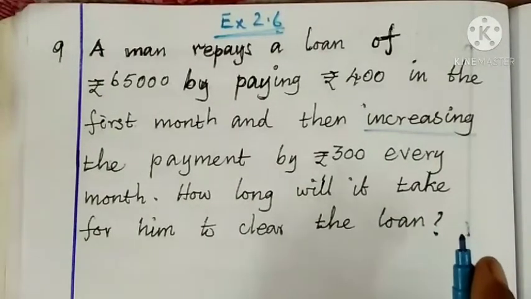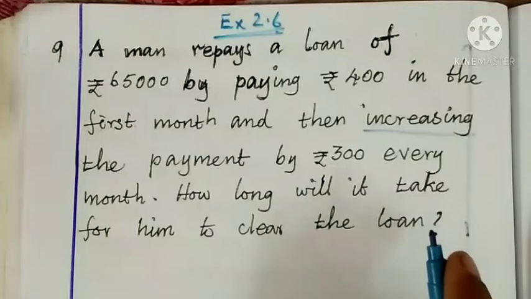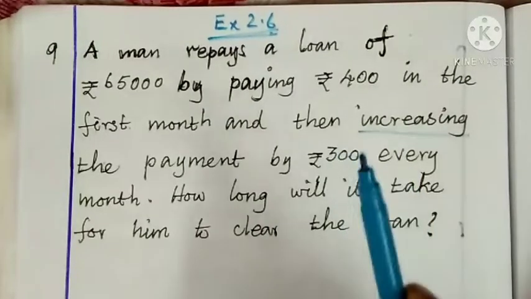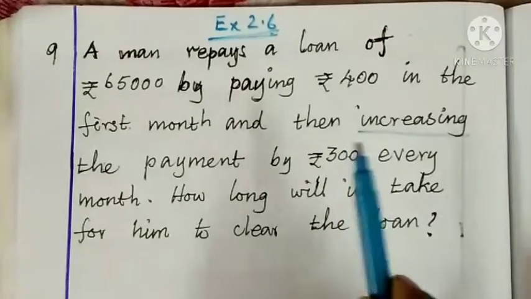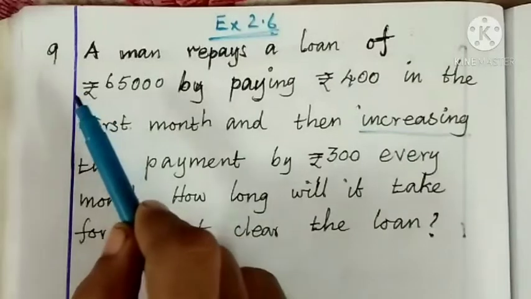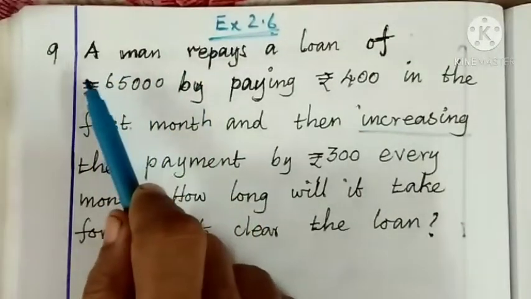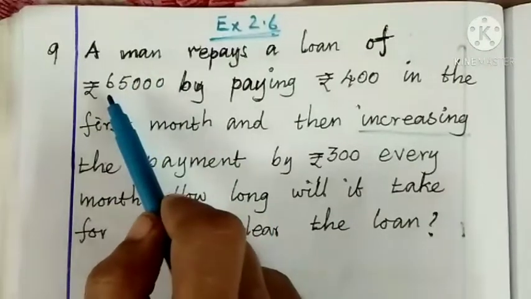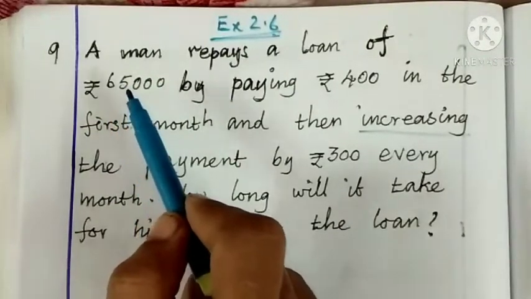In this question, what is given? Yes, the amount to clear the loan every month forms an AP. Then Sn, the total amount, 65,000 is the total amount, that is Sn is equal to 65,000.